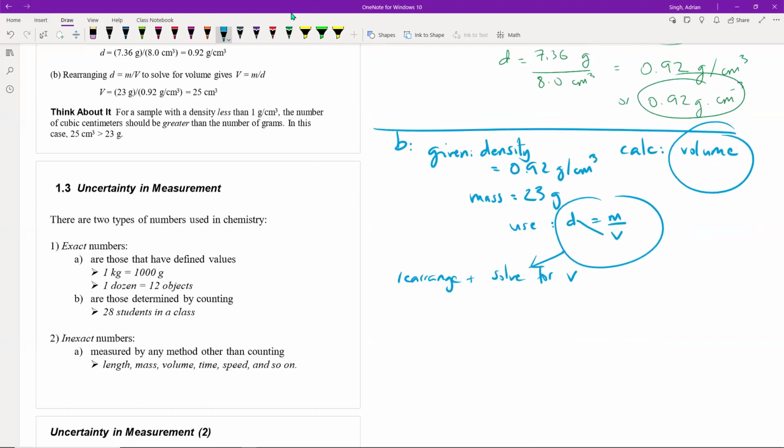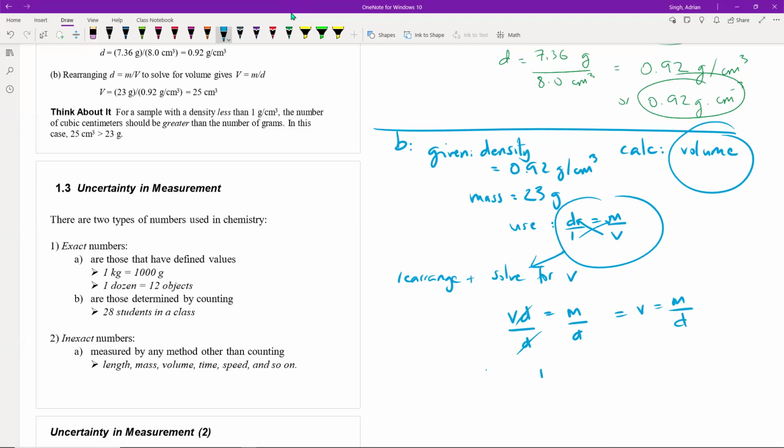We can, for instance, cross multiply. So we have D over 1 is equal to M over V. We cross multiply, V times D equals M times 1, which is M. Now divide each side by D to get rid of the D, and I end up with volume equals mass over density. Okay, so that's one way to solve it.